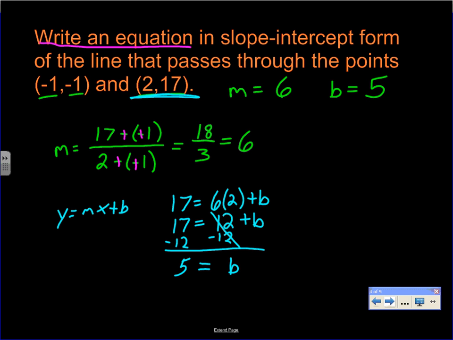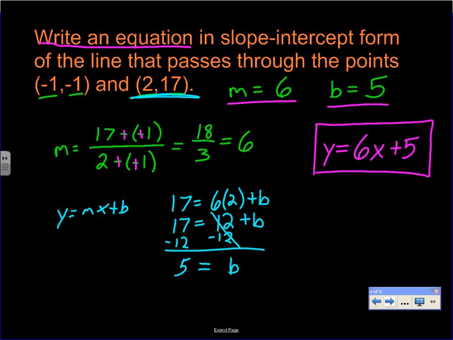So we're going to say y is equal to mx plus b. And since b is a positive 5, we're going to put plus 5. And you have the equation: y is equal to 6x plus 5.